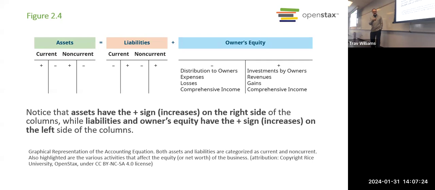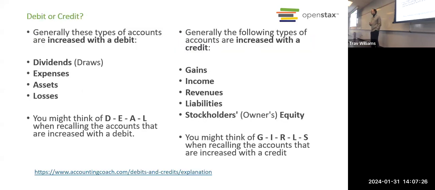So when you try to figure out whether to debit or credit, you have to first figure out which accounts you're talking about. If those accounts are part of DEAL, then you know that they increase on the debit side, decrease on the credit side. And if they're not part of DEAL, then you know it's the opposite. They would increase on the credit side and decrease on the debit side, okay?